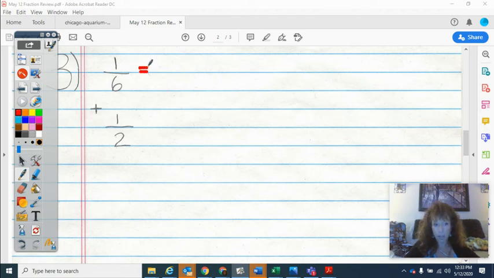I'm going to change this fraction into something that equals 1/6, but will have a different numerator and denominator. And actually, I'm going to move that equals over a little bit.